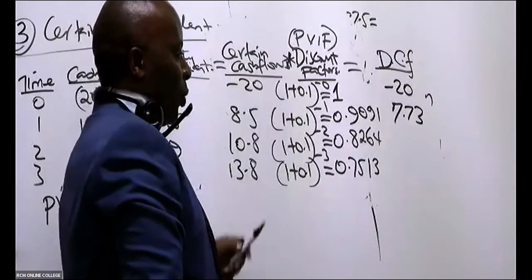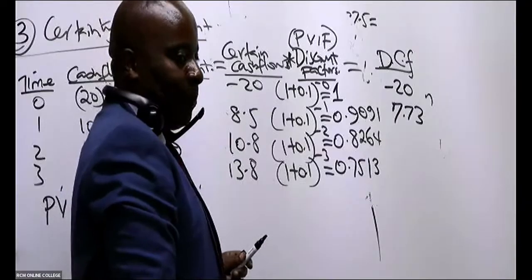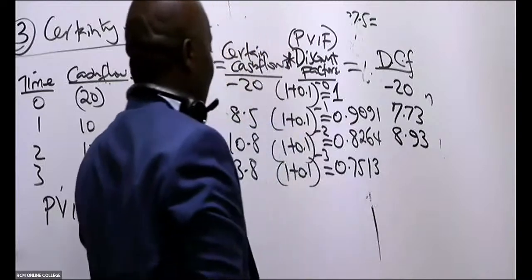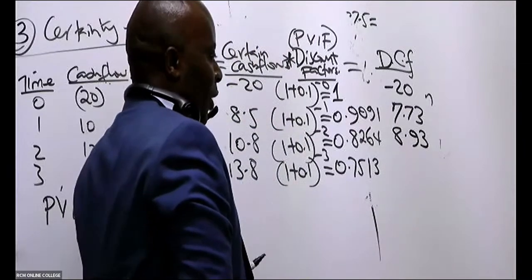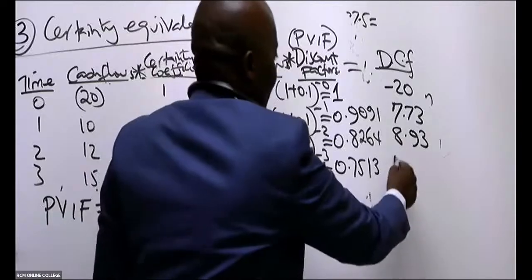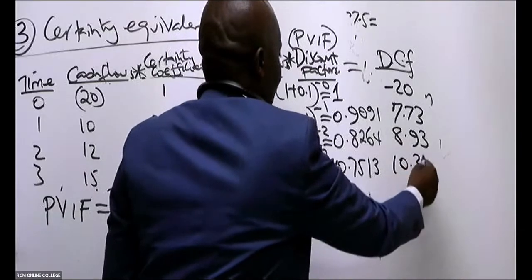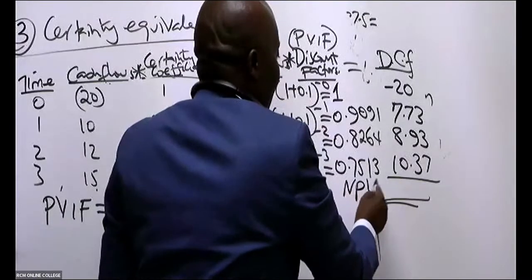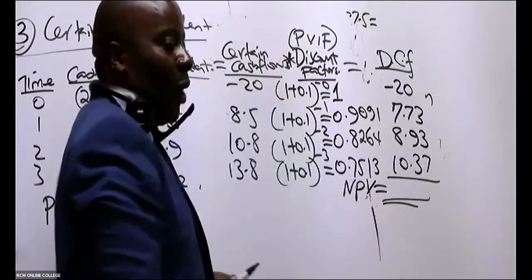10.8 times 0.8264 will end up giving me 8.93. Then lastly, we have 13.8 times 0.7513, which is 10.37. Then come and add everything, and then you're able to give us the net present value, which we are certain about.